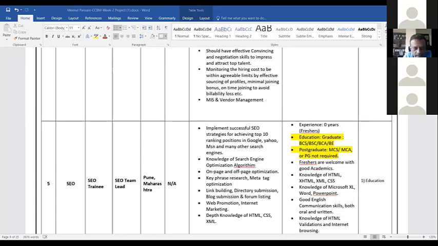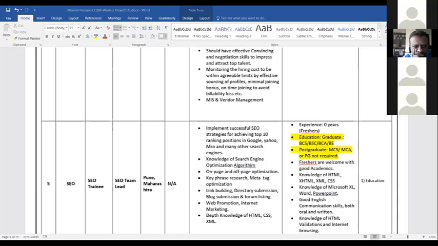In the first slab, I have considered all of these people. We are okay with BE. If you have done even MCS and MCA, that is okay, but we are only going to consider graduation and rate them as education 20. In the second slab, I have considered if the education is graduate and postgraduate, then I have given them a point.